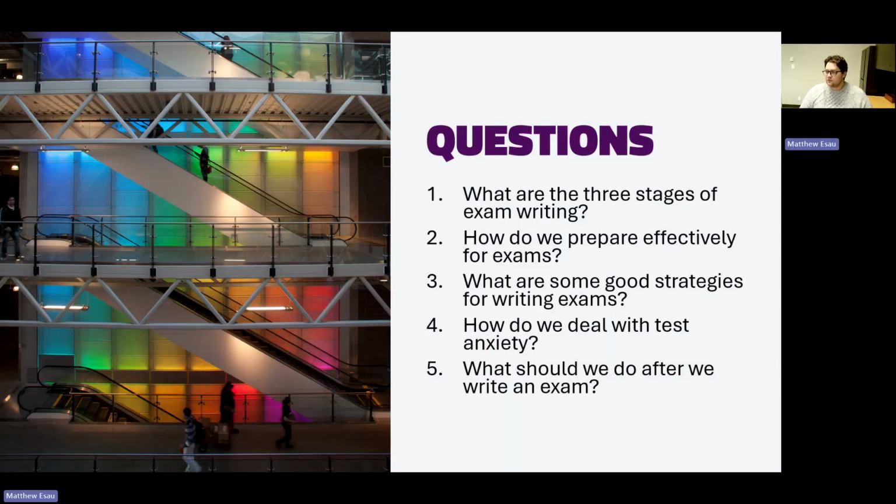As always, I like to have a few questions to help guide us in terms of what we're talking about and what we're trying to learn. Today, we're going to look at what the three stages of exam writing are. I've split up exam writing into three separate stages.